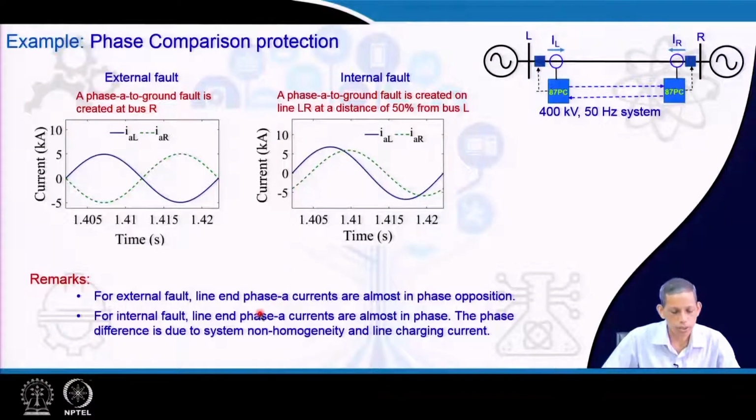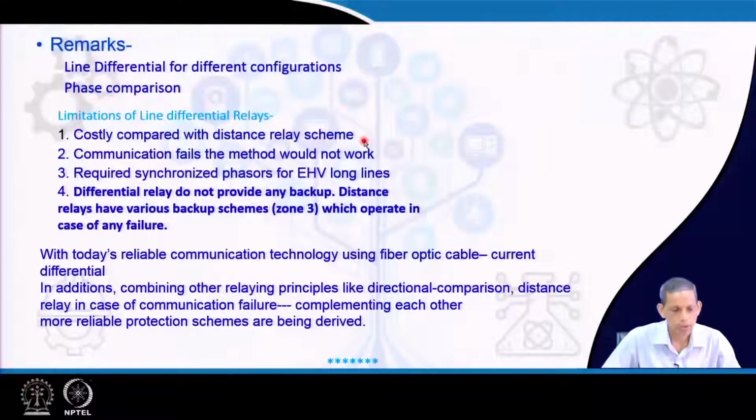This is due to the non-homogeneity and the line charging current, which makes some deviation in angle to be considered, but note that the phase comparison will still manage because of the coincidence time and the related phase angle, and the internal fault can be easily distinguished from that perspective.